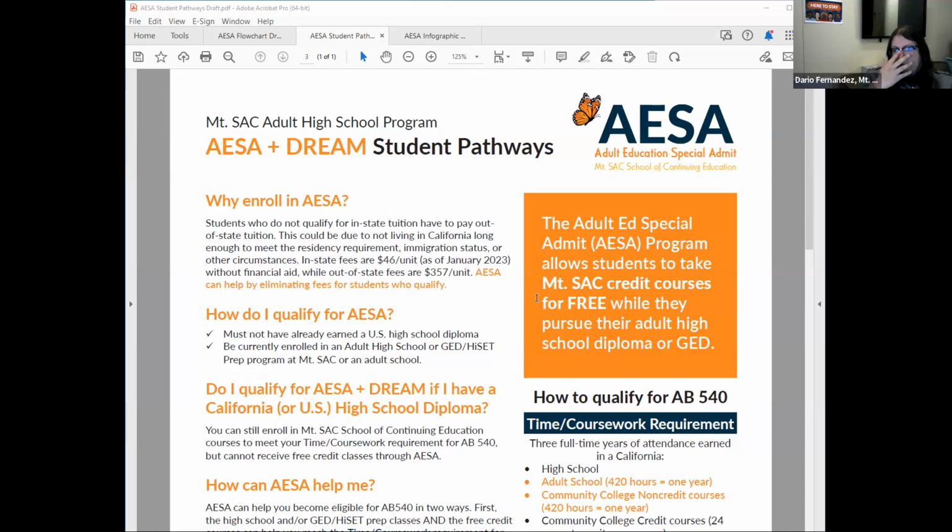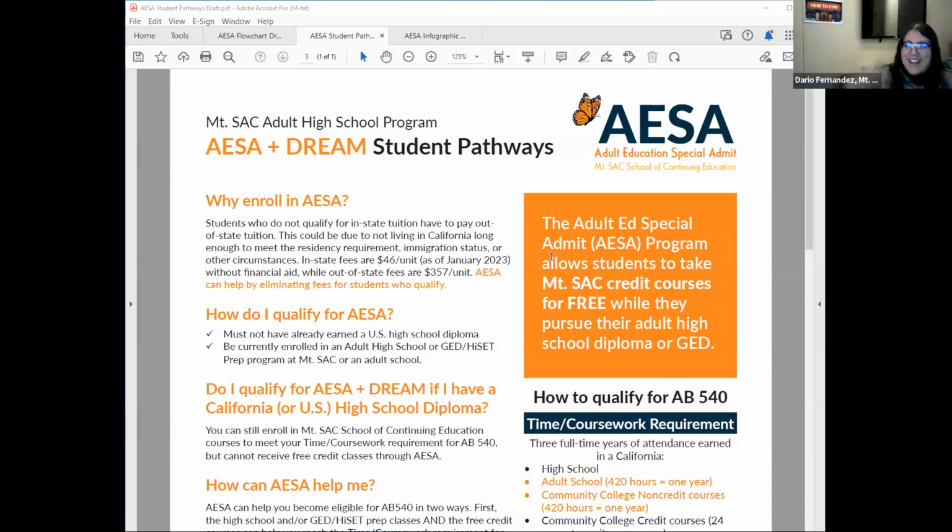Before the special admit program, and because at Mount SAC we don't have 76-140 implemented, the route would be that they would have to first meet the SB 68 requirements, right? And then transition to college. Well, they could do that with the special admit program, the adult special admit program, SB 554, they're able to do it concurrently. So we created this flow chart initially for our practitioners, right?